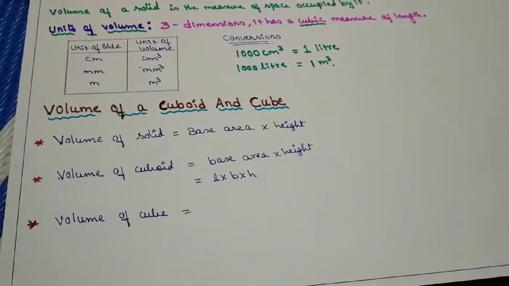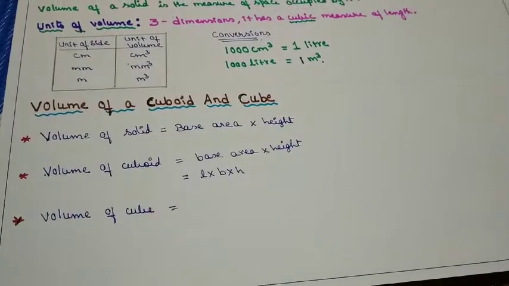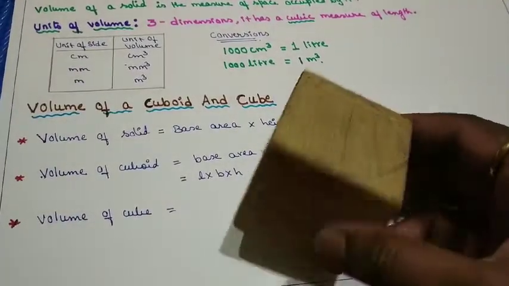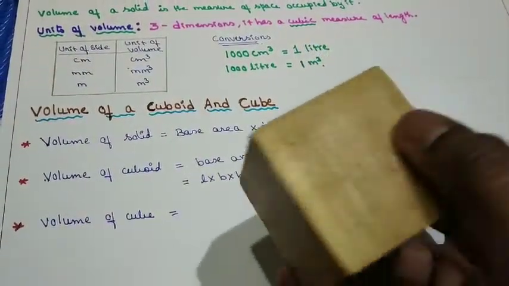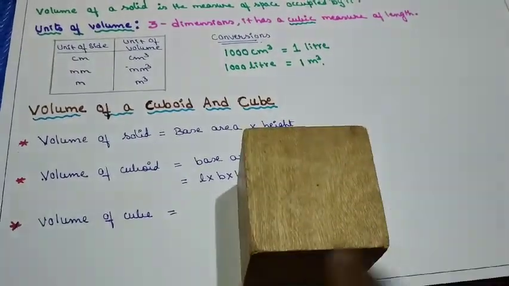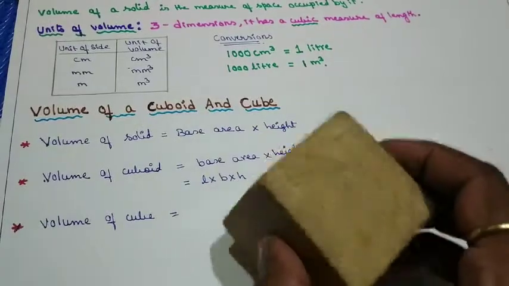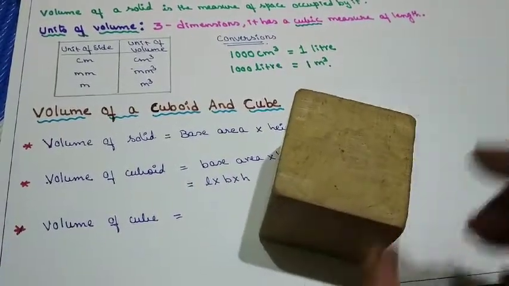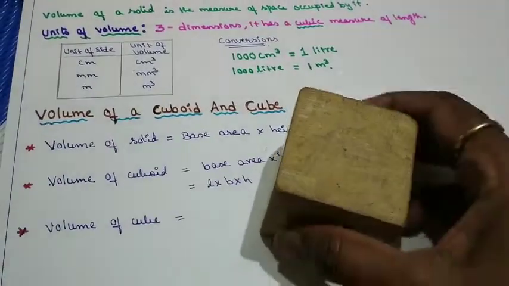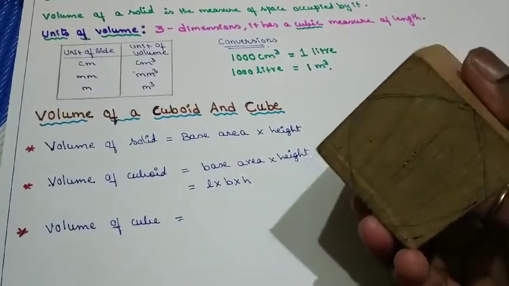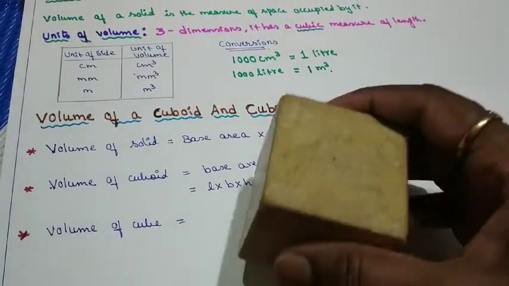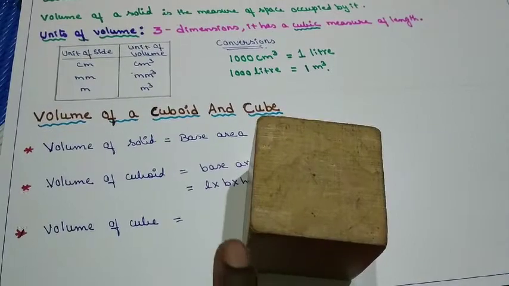Then comes the volume of a cube. As we know, the cube is made up of the same faces of squares, that is, squares of the same length, having 6 faces. Therefore, the volume of a cube is base area into height. Here the base area is made up of a square, so I can say side into side, and the height measures the same.